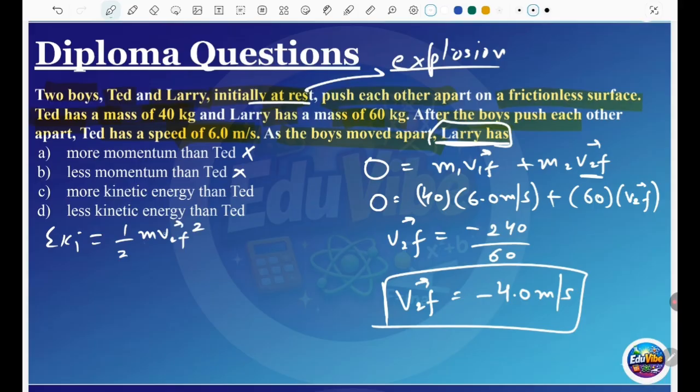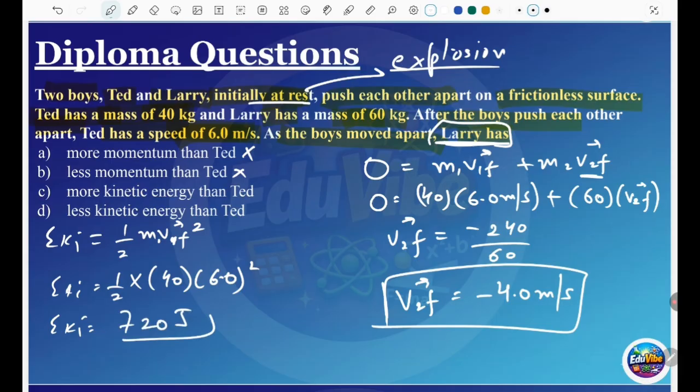So EK is half m v2f squared. For the first one, half m1, which is 40, times 6.0 squared, and we get about 720 joules.